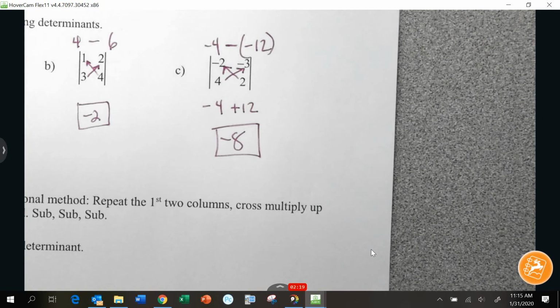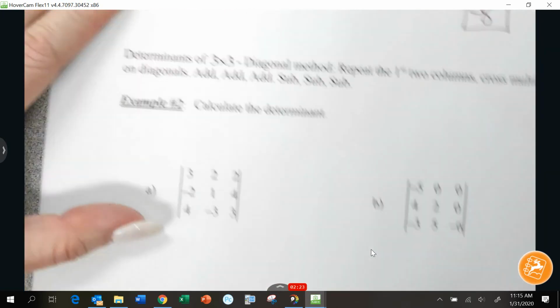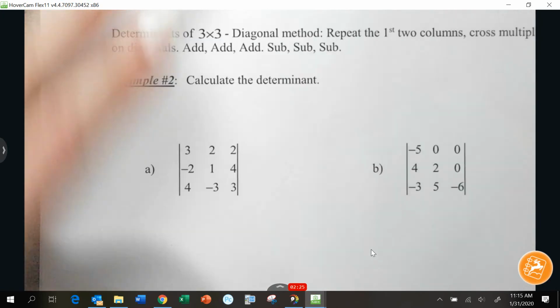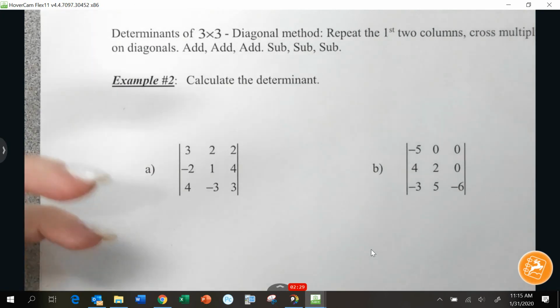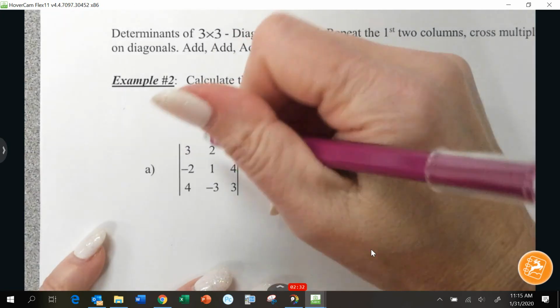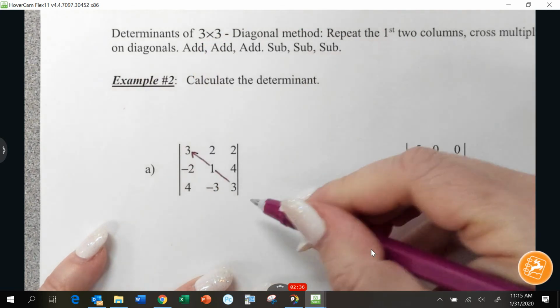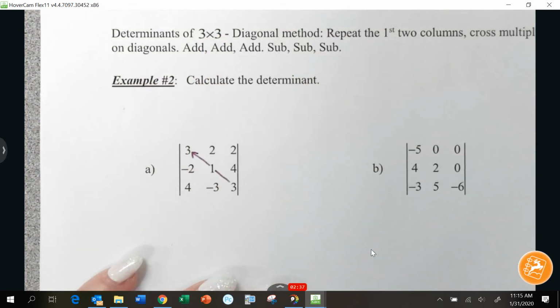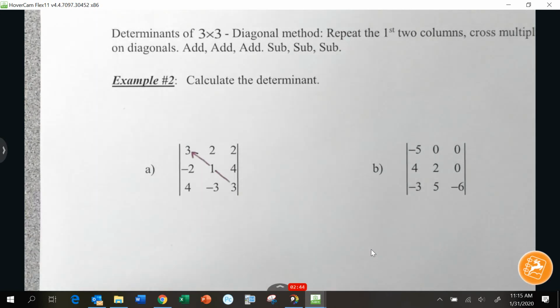Okay. Now if we have a 3x3, we can also do this by hand. In order to calculate the determinant of a 3x3, we still have to cross multiply up, and you have to hit every single number. When I cross multiply up this way, I only get 3 of the 9 numbers.